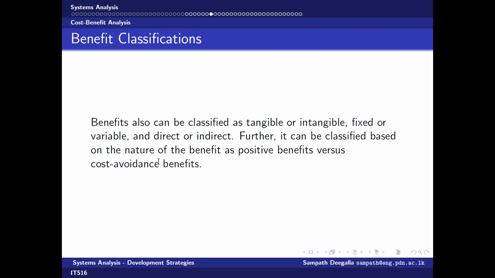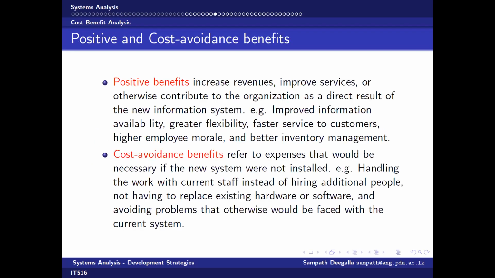Now, the next thing is the benefits. Again, benefits have two parts, tangible and intangible. That means fixed or variable, or direct or indirect, right? And they can be classified based on the nature of the benefit as positive benefits versus cost avoidance benefits.